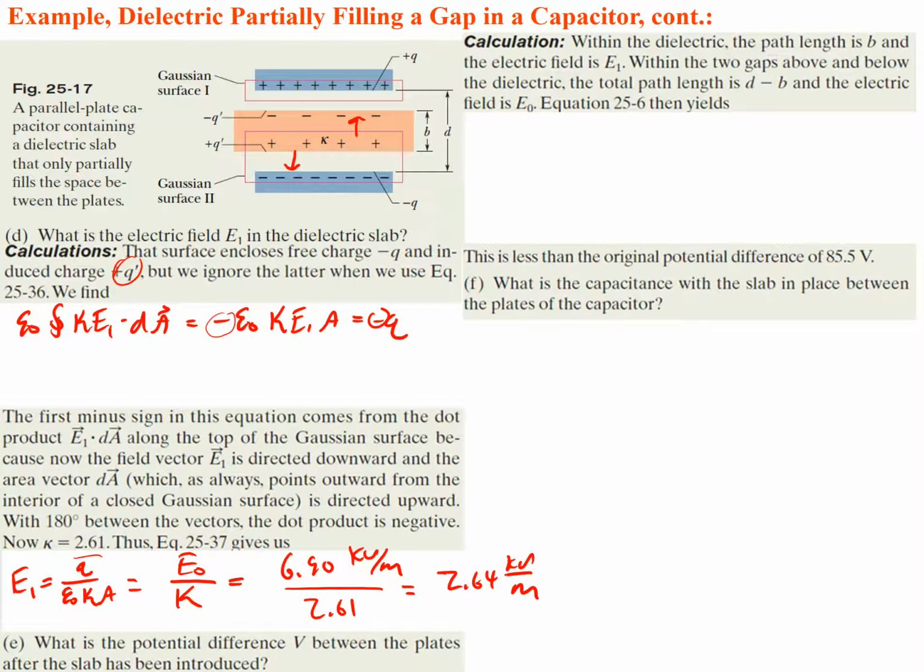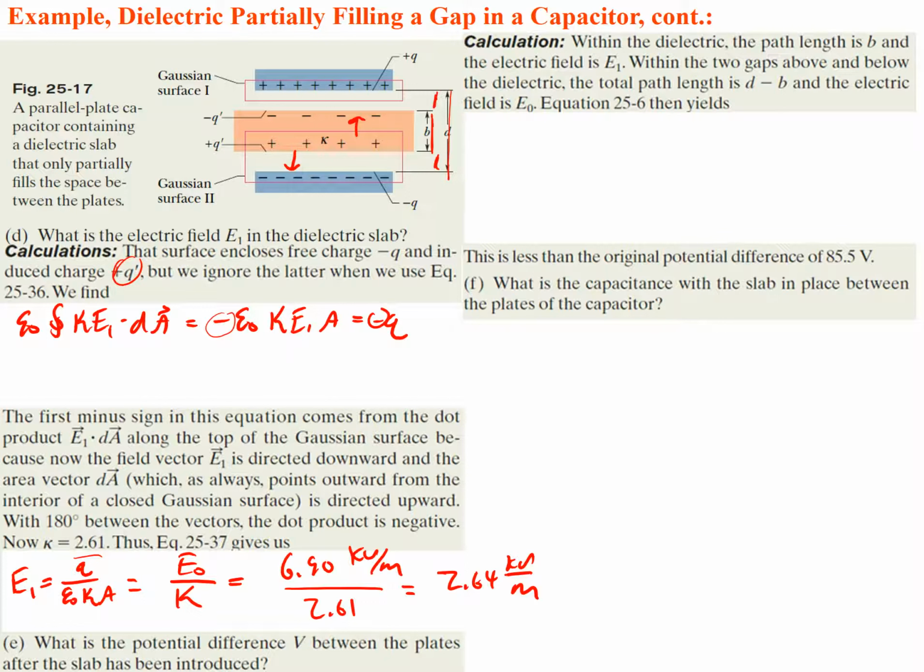So within the two gaps above and below the dielectric, the total path length is just going to be D minus B, right? Because the dielectric is just this B. So this D minus B is the distance between the two plates where the electric field is just E naught.